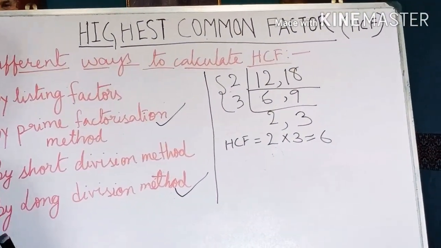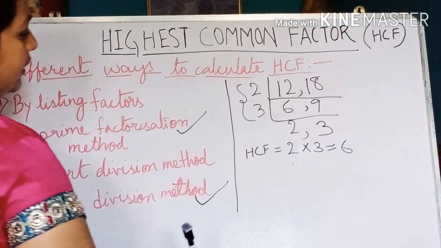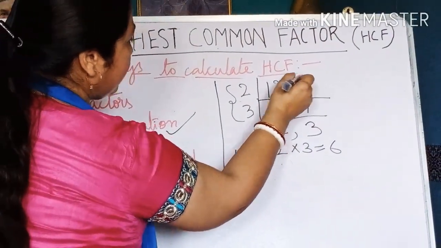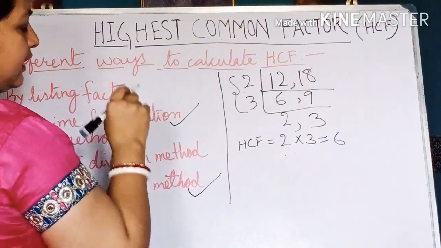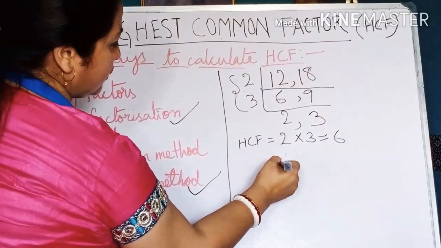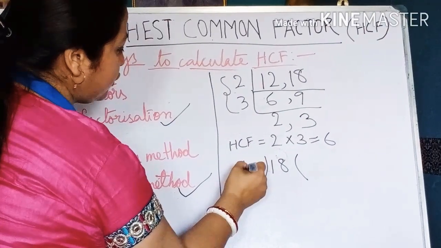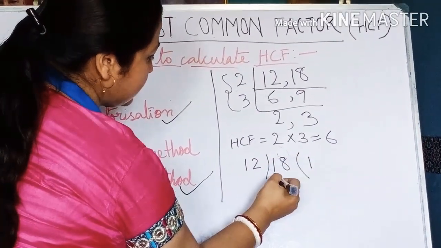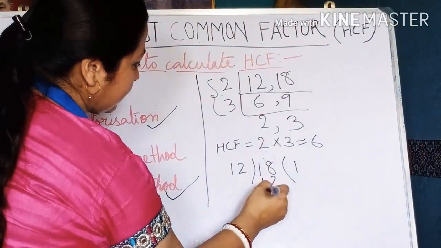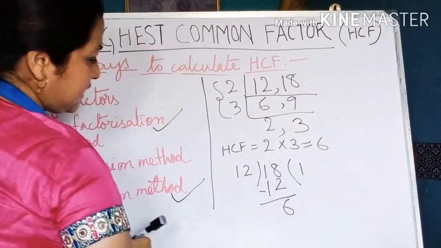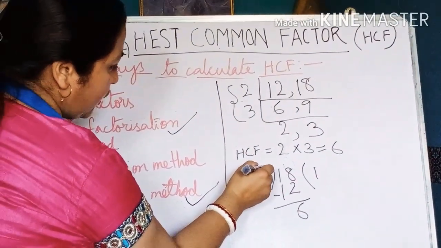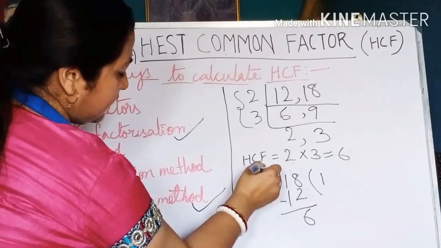The last is the long division method. What do we do here? We divide the bigger number by the smaller number till the remainder is 0. Let's start. 18 is being divided by 12. 12 1s are 12. The remainder is 6. Now what do we call this? This is a divisor.